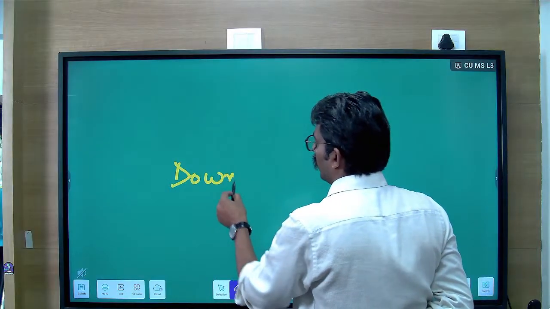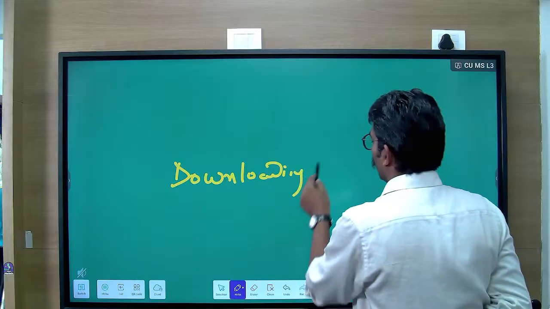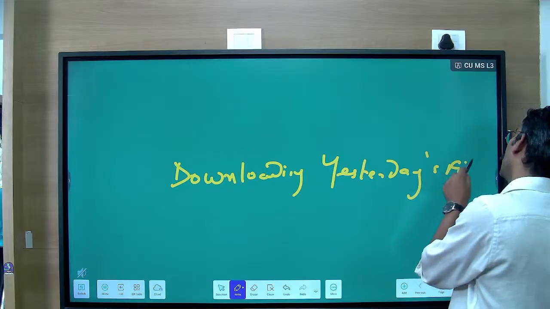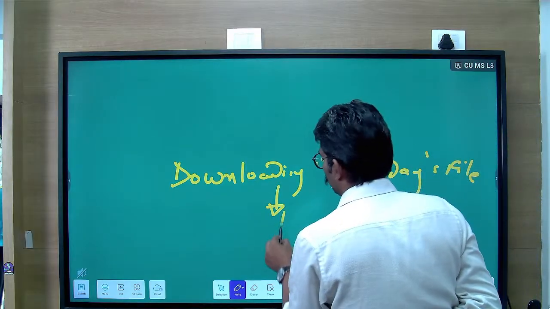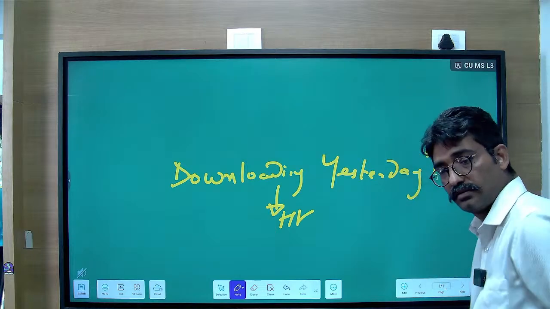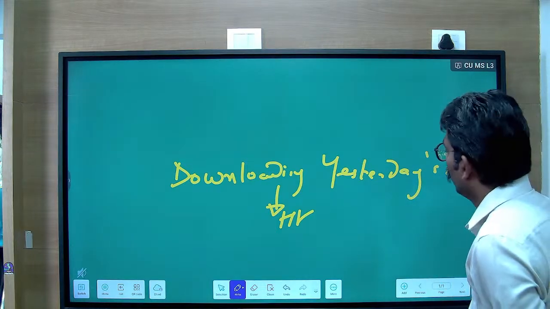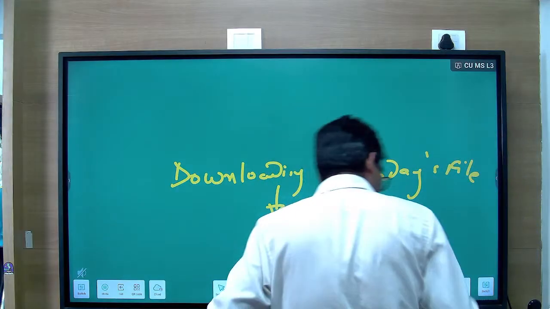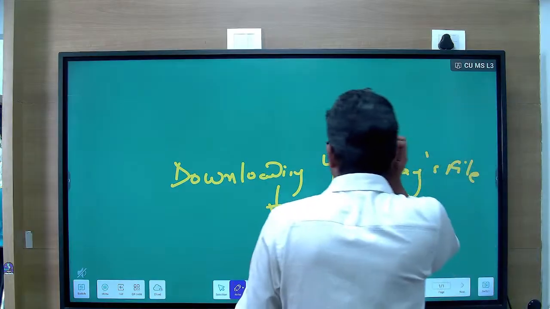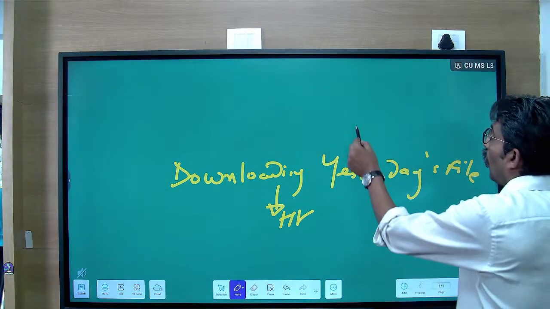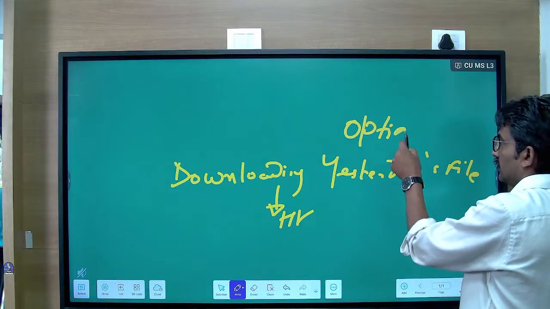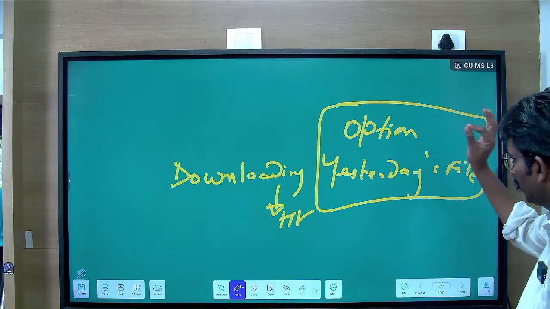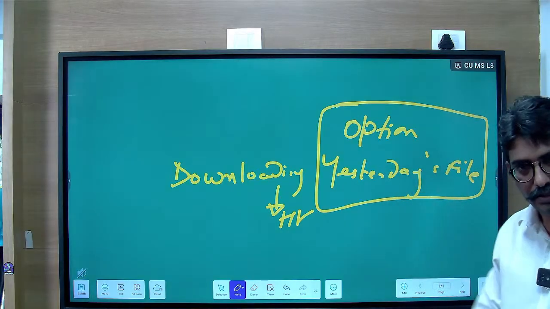If you are downloading yesterday's option file, listen to it carefully. Slightly tweaked my definition. If you're downloading yesterday's option file, it will be known as HV.